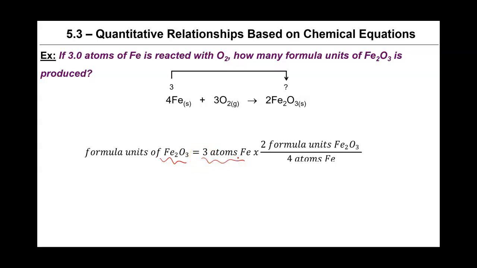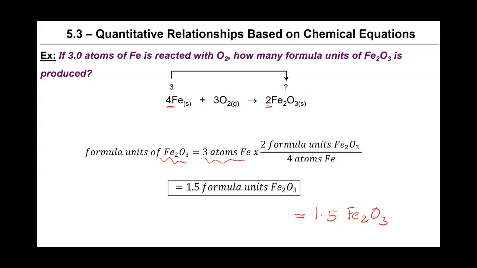We're going to be reacting 3 atoms of iron, and according to our balanced equation, we get 2 formula units of Fe2O3 for every 4 iron atoms that we react. So 3 times 2 on 4 tells me that I'm going to make 1.5 formula units of Fe2O3.